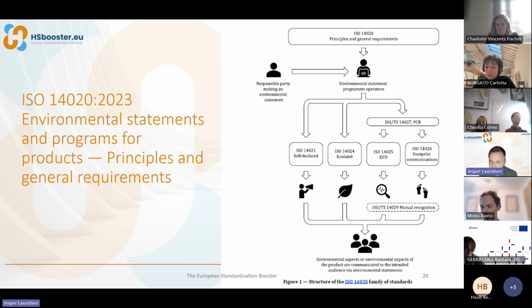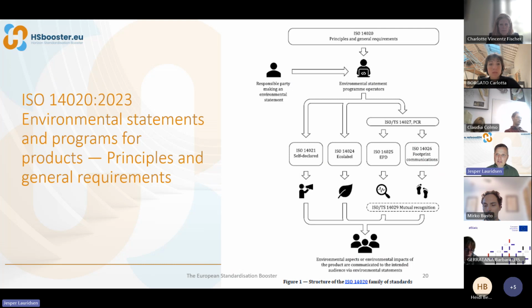So what the Commission works on in the PEF methods is connected to the fact that you have to do the 14024 product category rule, and then they have to do an EPD according to 14025. Then we also have a footprint communication, 14026, and then there's a self-declared LCA, 14021.